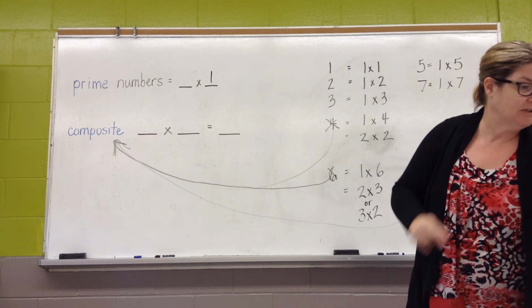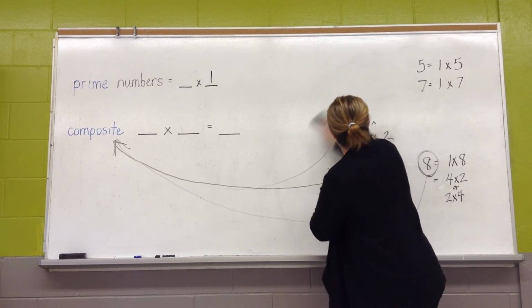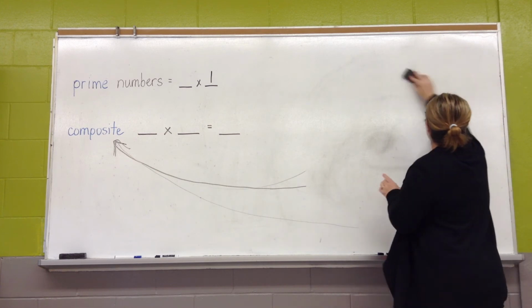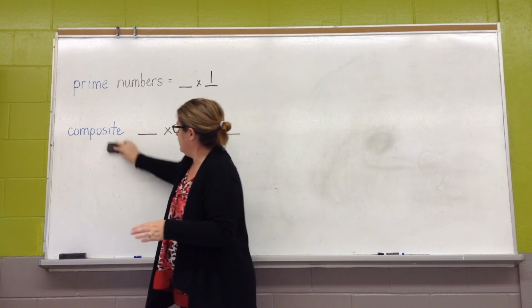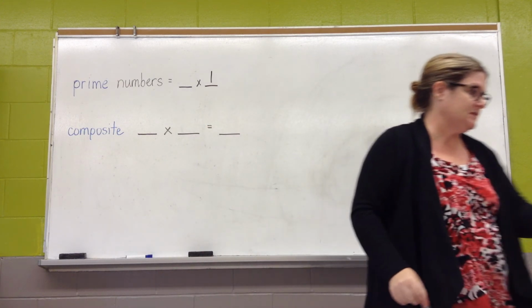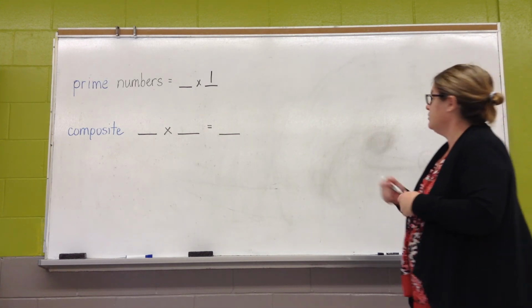So I'm going to do one such example so that you are not lost when it's time to work on your own. I'm going to leave our definitions and examples of prime and composite numbers up here because it will assist some students when they have to go on and do more.